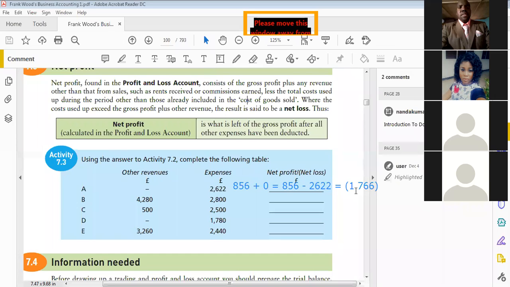You don't put negative; once it is in brackets, it means negative. How many know that? And in accounts, if you put anything in brackets, it means subtracting. But I will tell you when I get there.